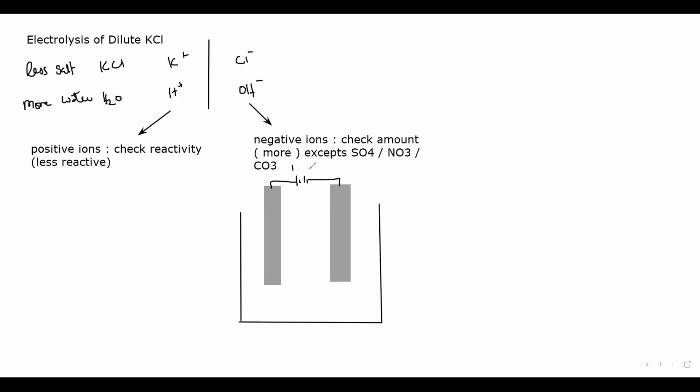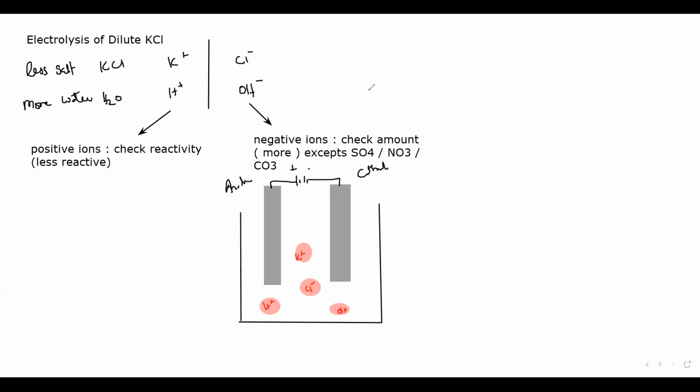The one which is connected with the positive terminal is known as anode and the other one is cathode. The ions which are present here are potassium ion, chloride ion, hydrogen ion and hydroxide ion.